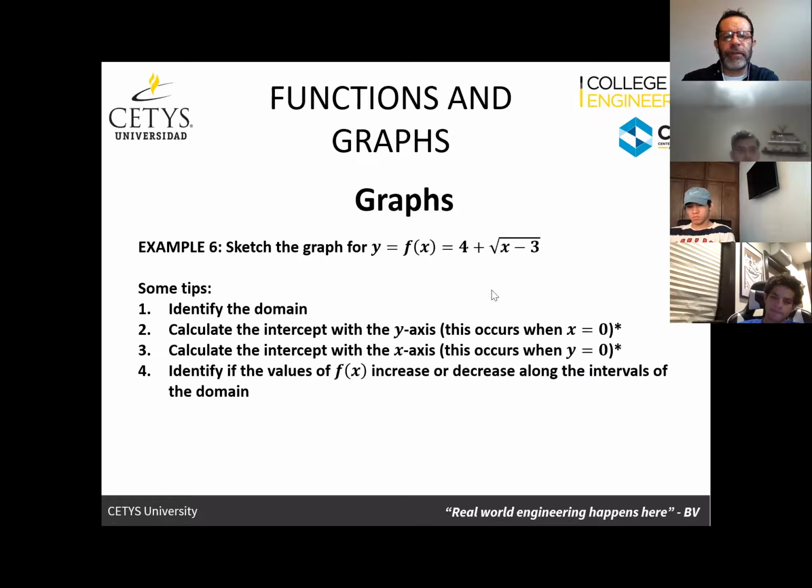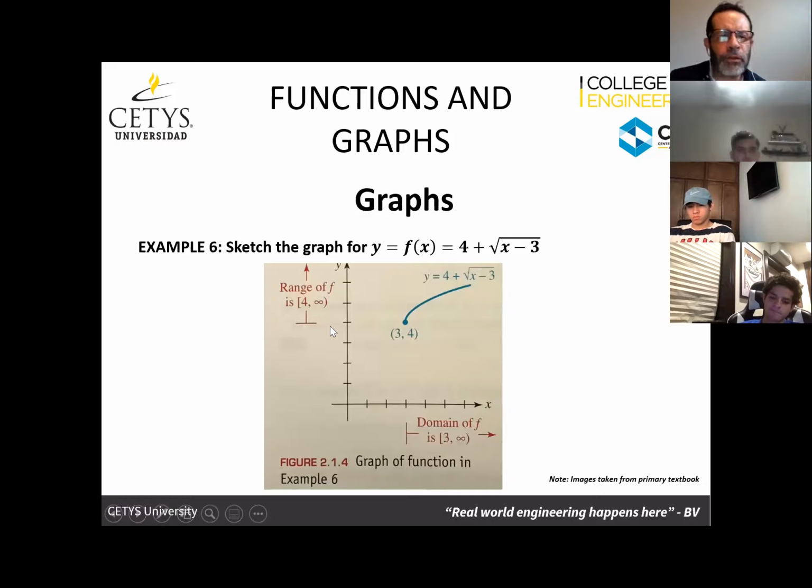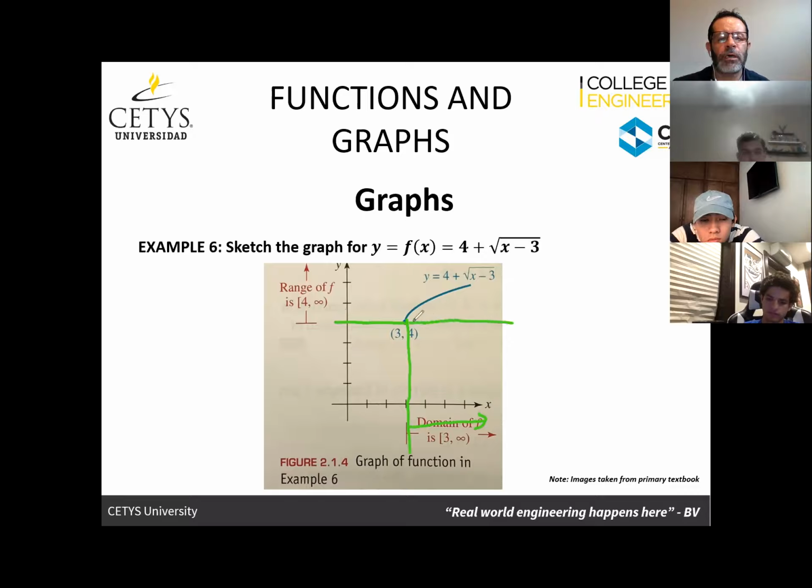So if we were to graph this, first off, the domain is going to be from 3 to infinite. And the range is going to be from 4 to infinite.